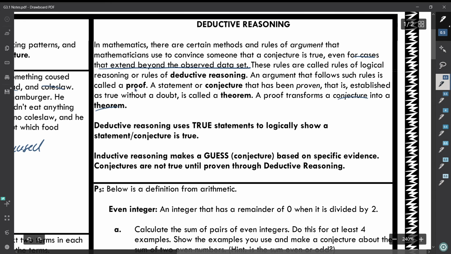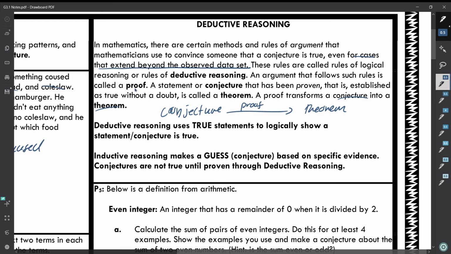So basically, in deductive reasoning, a conjecture becomes a theorem through a process called proof. Deductive reasoning uses true statements to logically show a conjecture or statement is true. Inductive reasoning makes a guess or conjecture based on specific evidence.